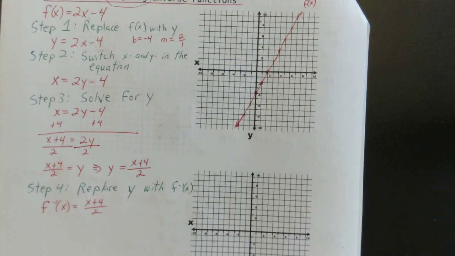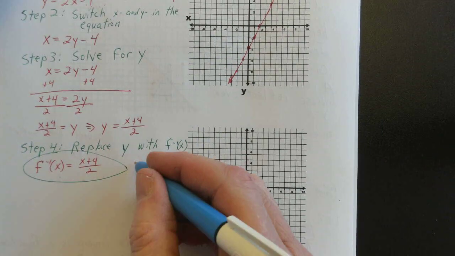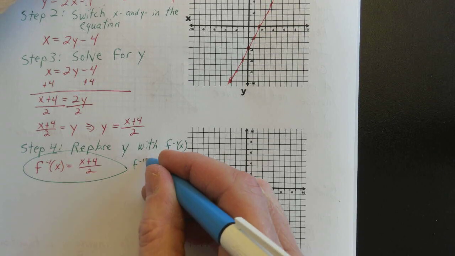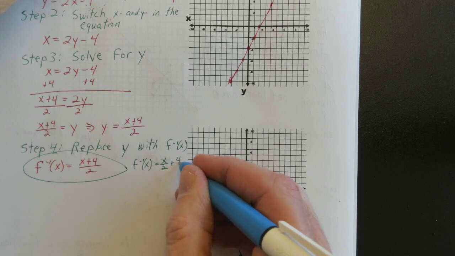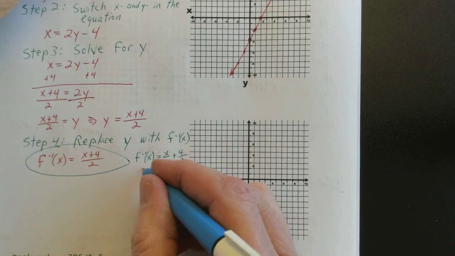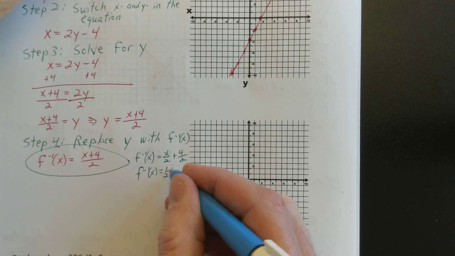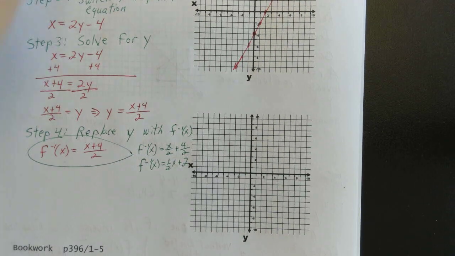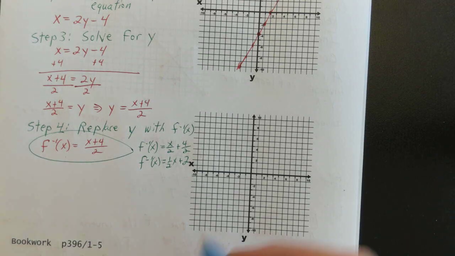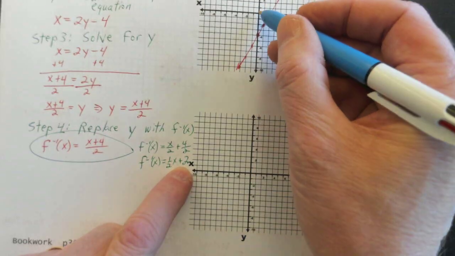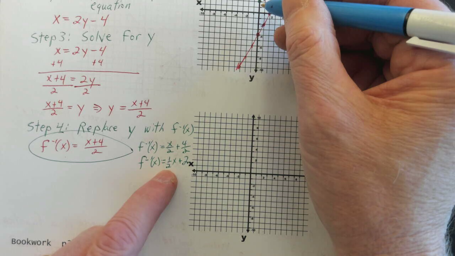Now I'm going to draw the inverse. I'm going to use green for the inverse. I'm going to rewrite it also. I'm going to write x over 2 plus 4 over 2. And a way of writing x over 2 is the same as 1/2 x. And 4 divided by 2 is 2. So now I know that the y-intercept is 2, correct? The slope is 1/2.